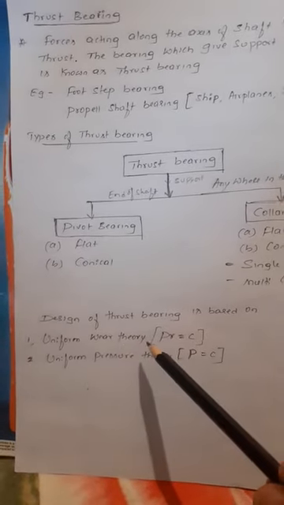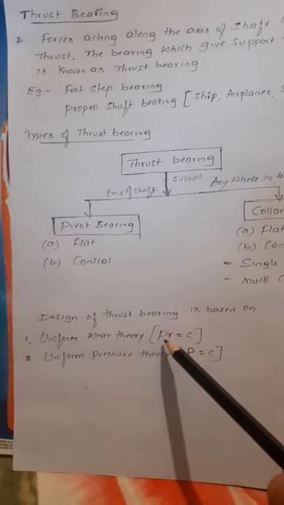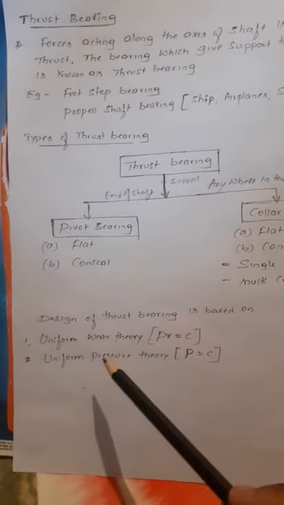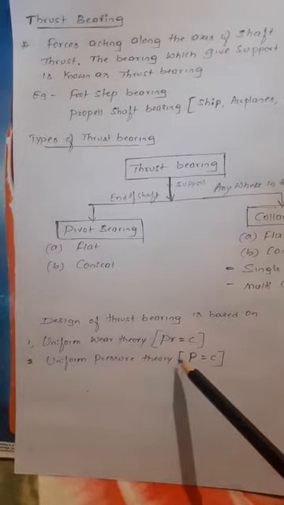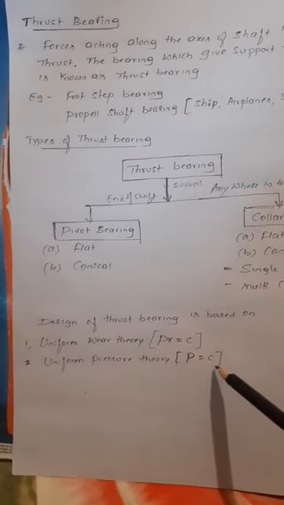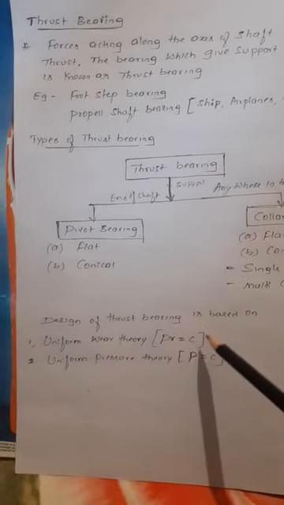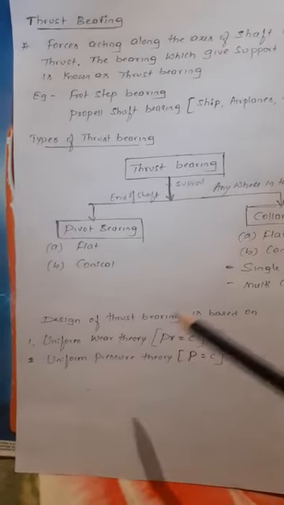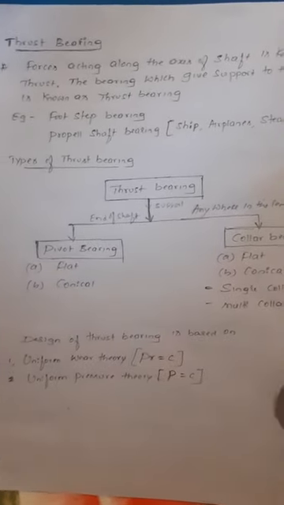That's called uniform wear theory. The pressure into the radial distance remains constant. The other one is uniform pressure theory. The pressure acting on the specimen or on the component is constant. These are two important criteria you should remember when you go for design of thrust bearing.